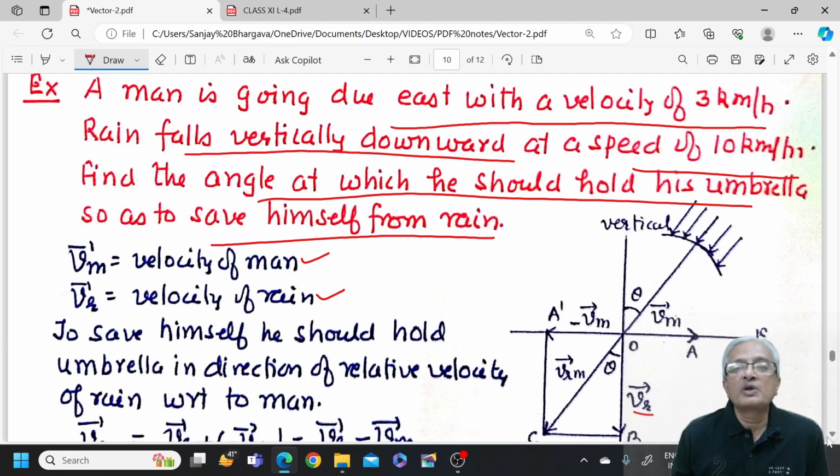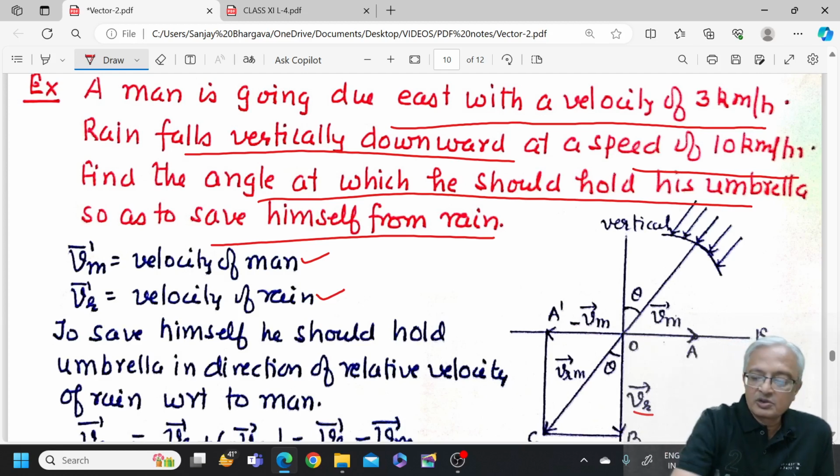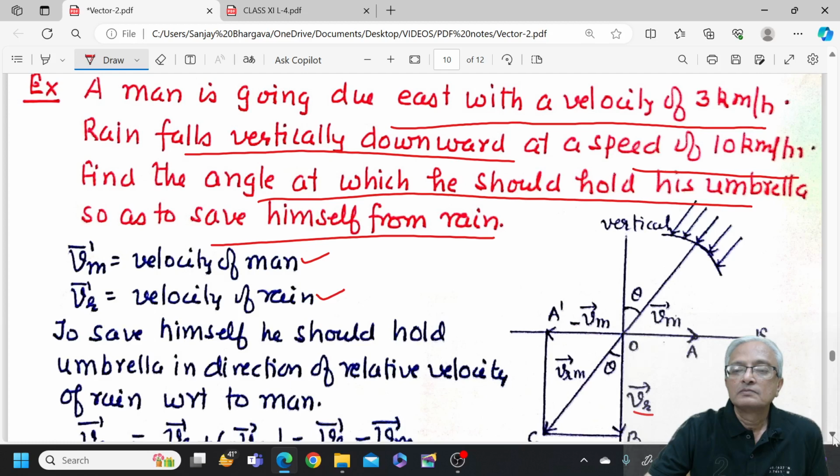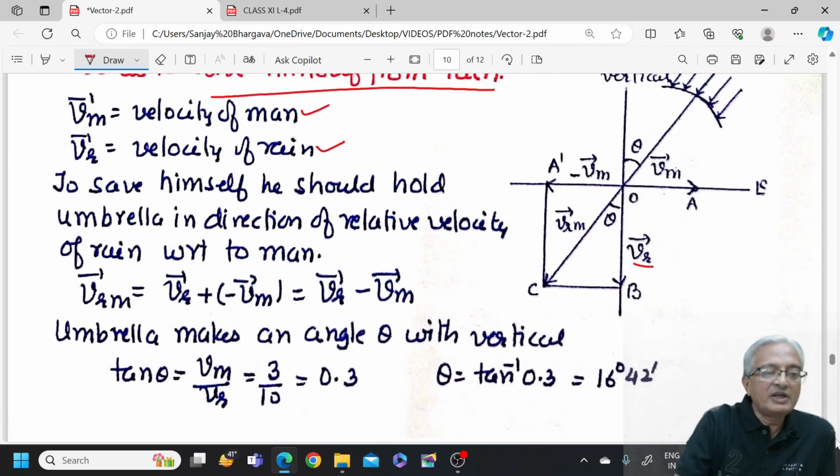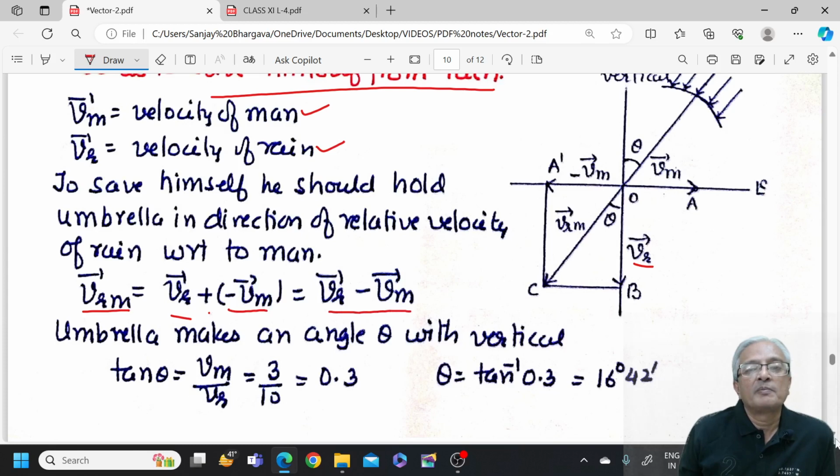Now I am supposed to calculate the relative velocity of the rain with respect to man, because that is the direction in which the person is supposed to hold his umbrella so as to save himself from the rain. So we need to calculate velocity of rain with respect to man, velocity of rain minus Vm, that is Vr minus Vm.